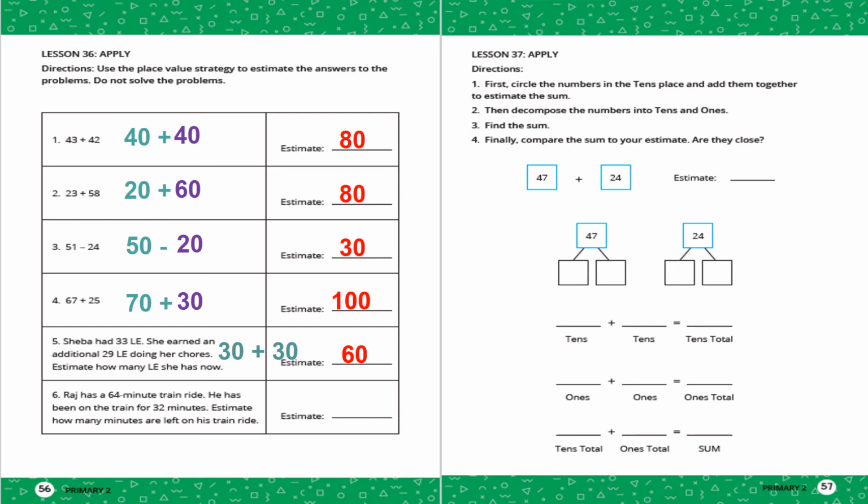Look at ones. Ones is 4, less than 5. So 64, it will be 60. 32. 32 between 30 and 40. Look at ones. Ones is 2. So we will stay in the same door. So 32, it will be 30. 60 minus 30 equals 30.